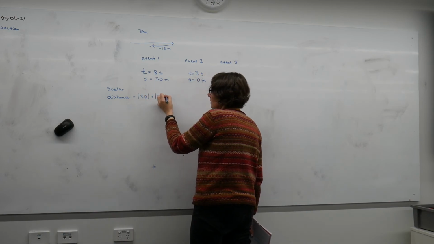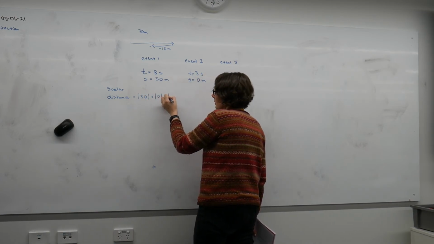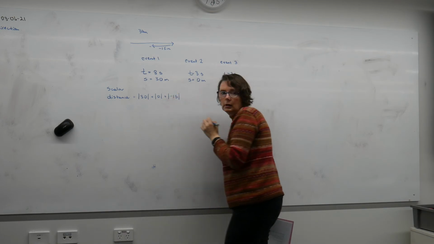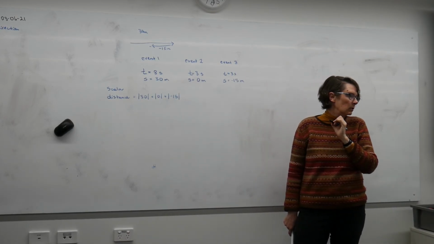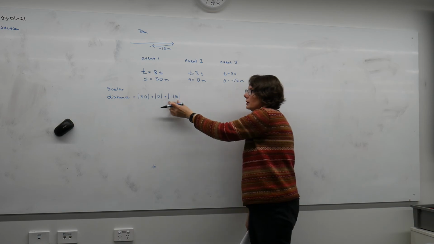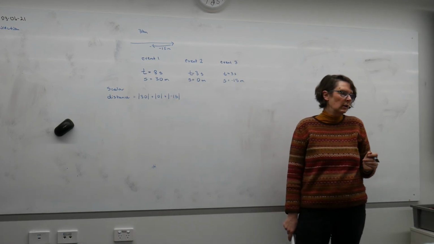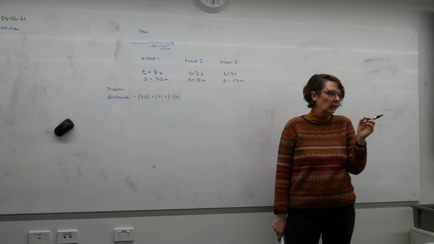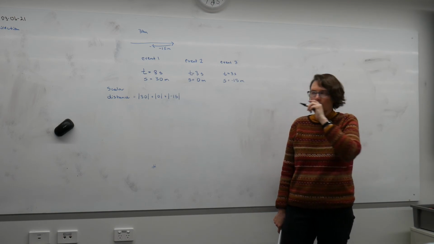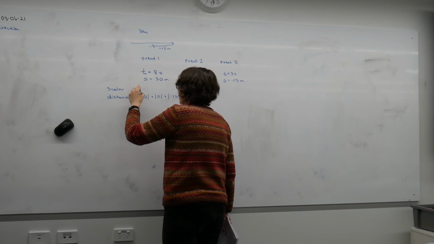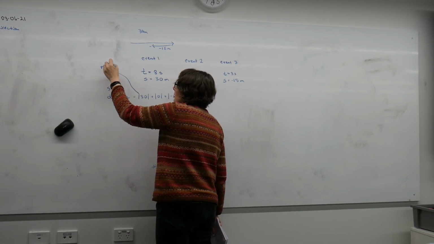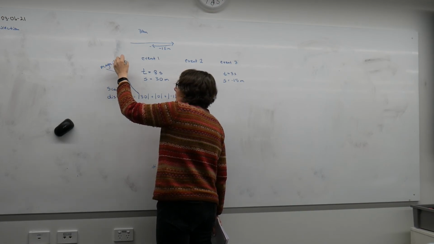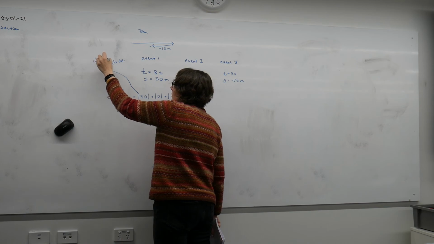Are you familiar with those lines? No. Okay. So these straight lines on the outside of something mean it's the absolute value. It means that you don't worry about whether it's positive or negative. You're just taking the positive part of it. So that's the magnitude, or absolute value.